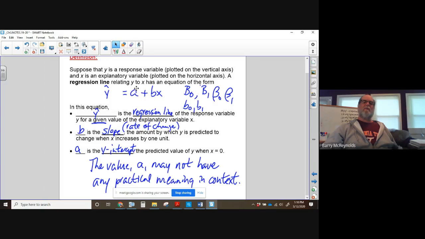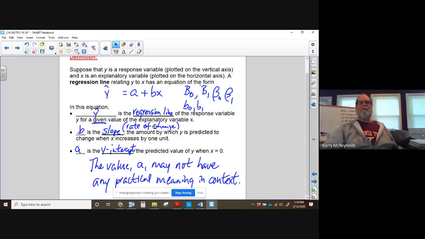But when it comes to interpreting and understanding the y-intercept, we can always interpret it in terms of it's the value of the prediction line when x is equal to 0. But in the real world, it may not have a practical meaning, and so it may not make sense. But we could still interpret it as the value of the regression line when x is equal to 0.